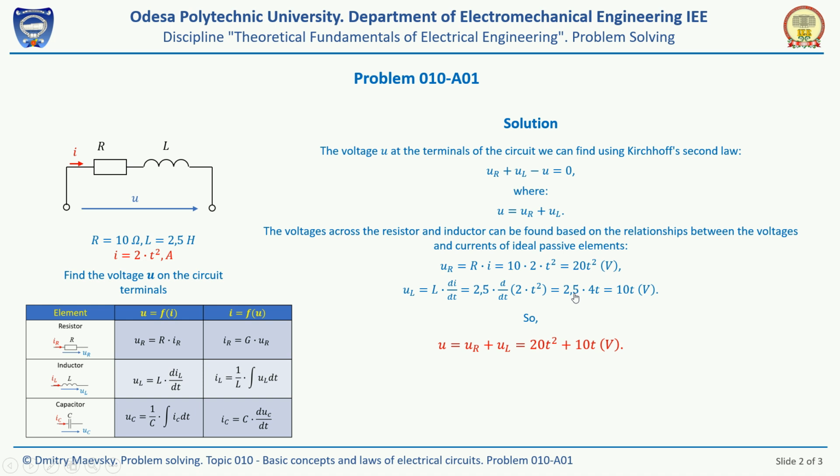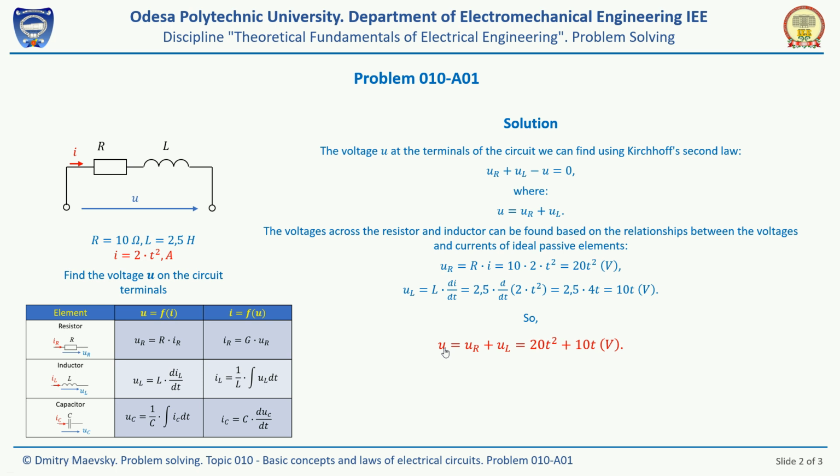Multiplying it by 2.5 gives us 10t. Now we simply add 20t squared plus 10t. That is the voltage across the terminals of the circuit.